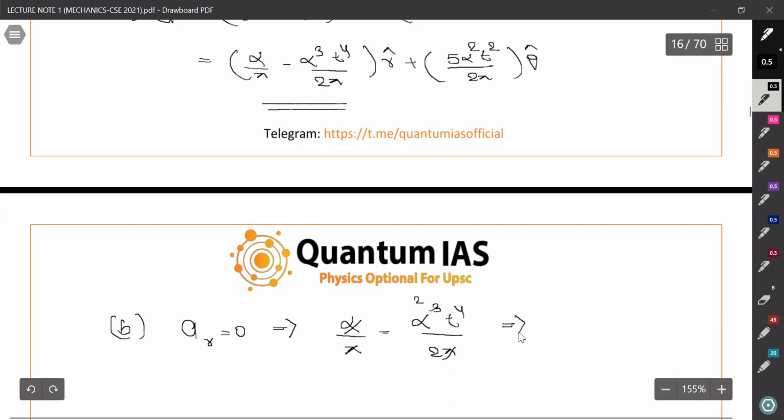So here we can write that t, from here we can write t square is equal to root 2 by alpha. So we need theta. So theta at t will be equal to alpha t square by 2, which turns out to be 1 by root 2 radian. You can check it easily.